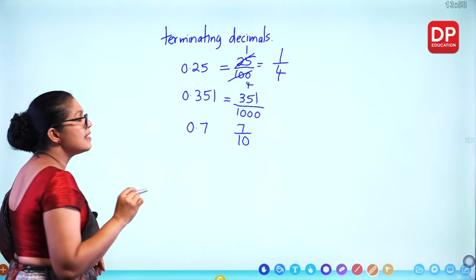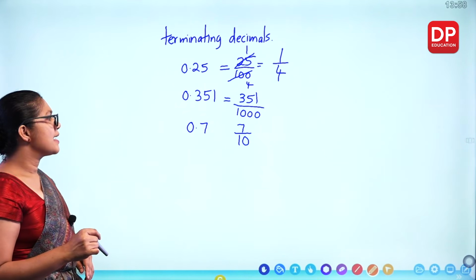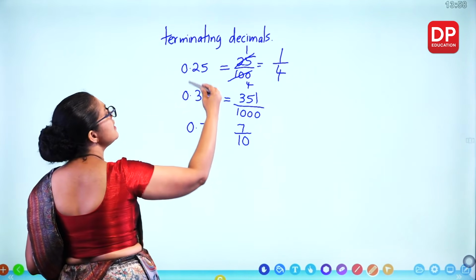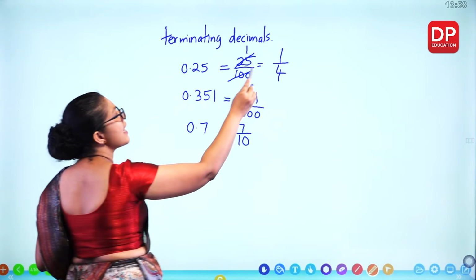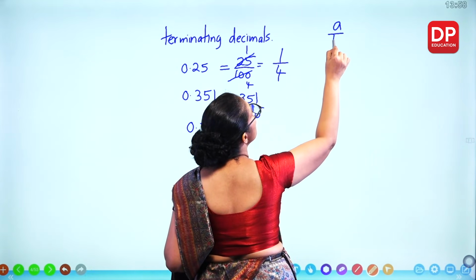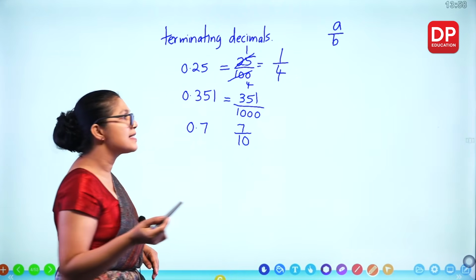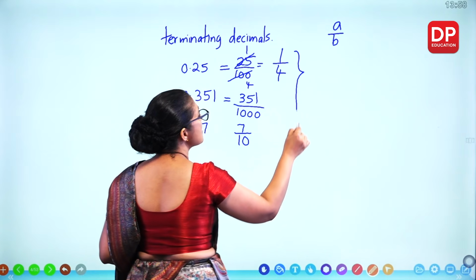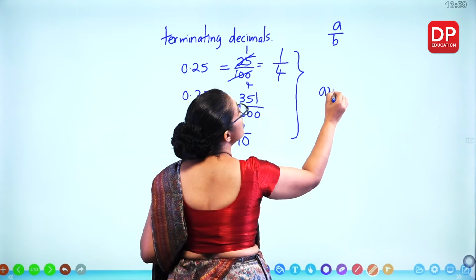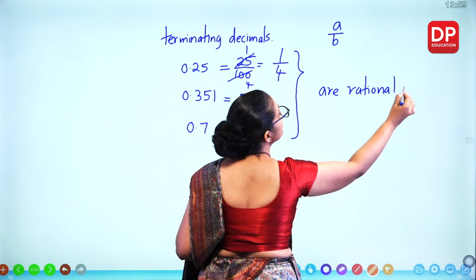This is a one decimal place number, so you can write 7 over 10. So all these terminating decimals we can write in this A over B form. So what can we say about terminating decimals? Terminating decimals are also rational numbers.